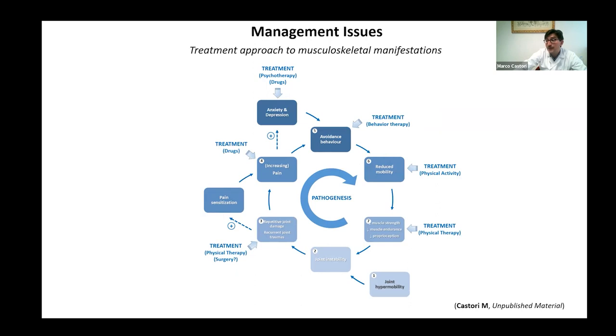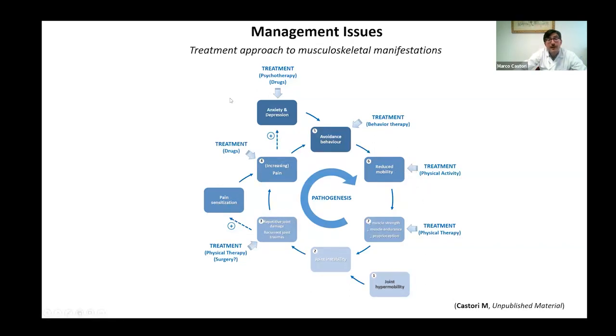At the same time, the delineated vicious circle might be considered a plot outline for planning types and timing of intervention. From right to left, you can see the application of physical therapy in at least two phases of this process.